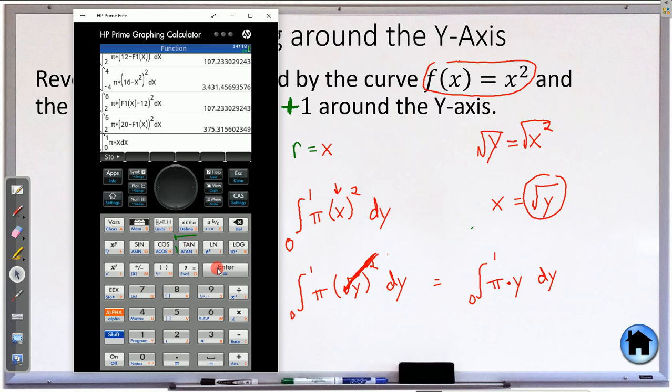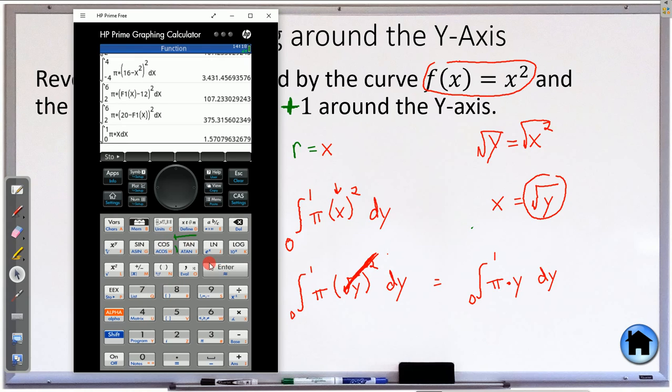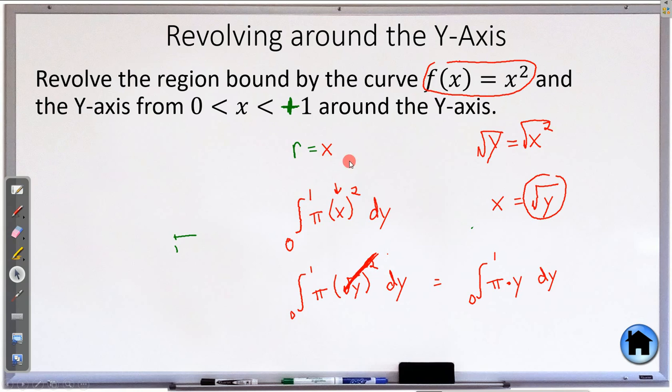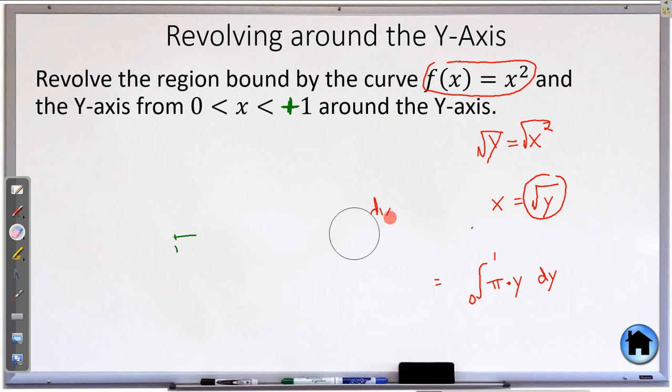So the number will still be right. 1.571 is our answer there. All right, but remember, we are still doing pi r squared, and the big question is, what is that radius? That is where you need your own equation.